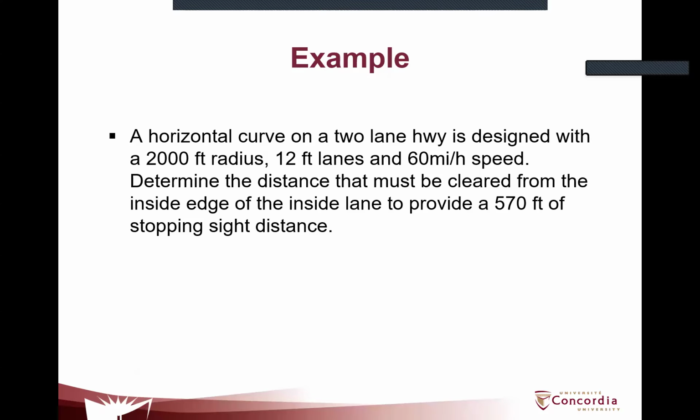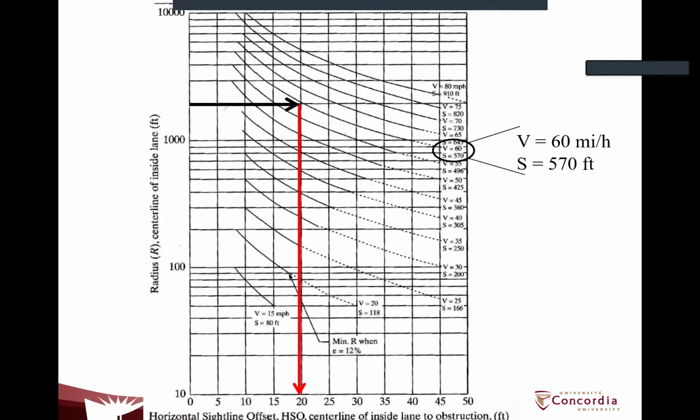On a 60 mile per hour speed, we match that with the requirement of the stopping sight distance, that is 570 feet. That's also there on the right-hand side. So for a speed of 60 miles per hour, you have a stopping sight distance of 570.